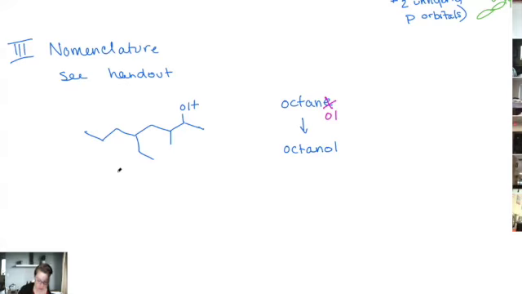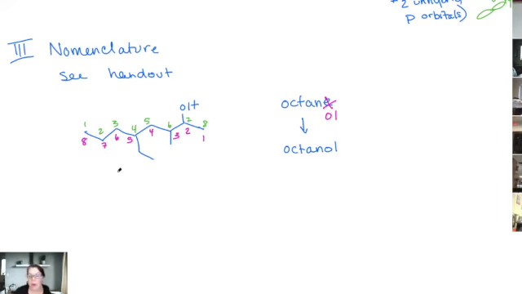Okay. So our numbering, we have a couple ways that we can number, right? We can number 1, 2, 3, 4, 5, 6, 7, 8. Or we can number 1, 2, 3, 4, 5, 6, 7, 8.